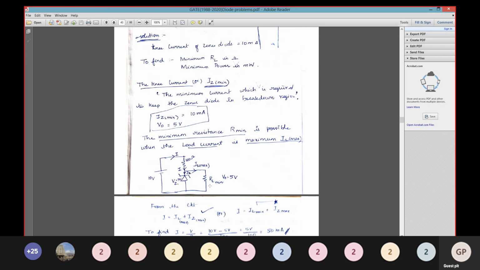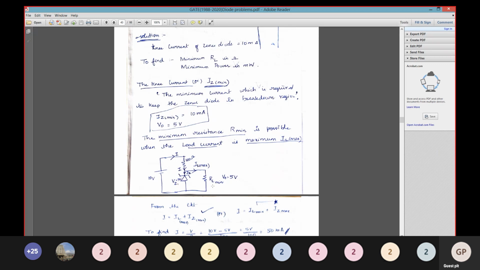Next, you need to find out the minimum resistance. The minimum resistance is possible when the load current is maximum. When the maximum current flows, you get the minimum value of resistance.